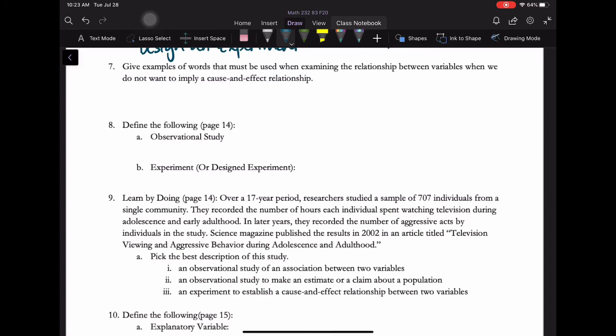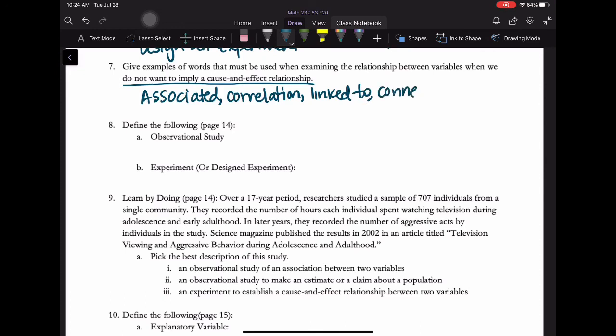A few examples of words that must be used when examining the relationship between variables when we do not want to imply a cause and effect relationship: we could not say this causes that, so instead we would want to say associated. The two things are associated, or they're correlated. There's a correlation. They're linked, or possibly connected. Those are some words that describe relationships but don't necessarily say one thing causes another.